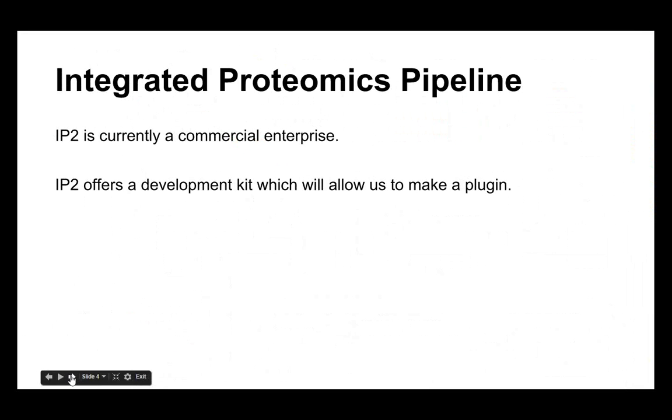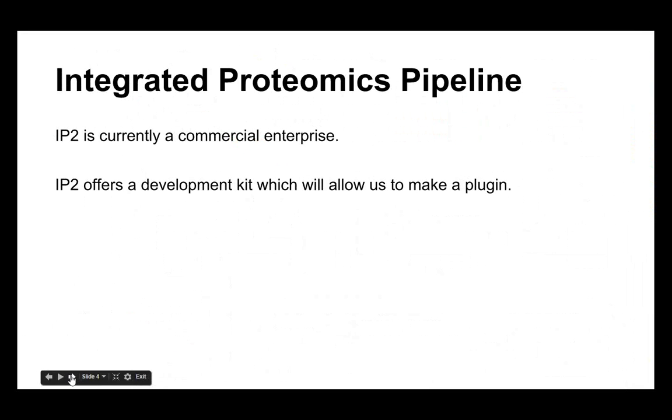Well, IP2 is a commercial enterprise. Users upload large numbers of MZML files, and it runs ProLucid, DTASelect. I think Census is integrated, and it gives you comprehensive search results for your raw data.